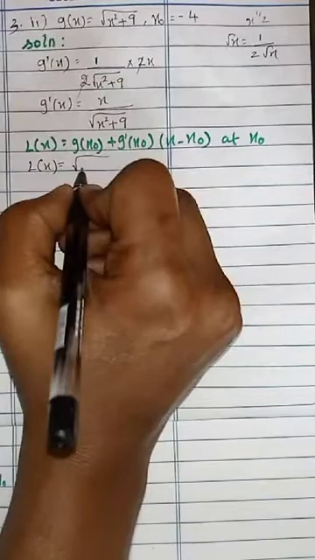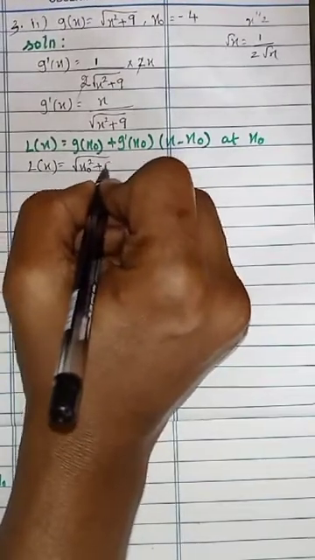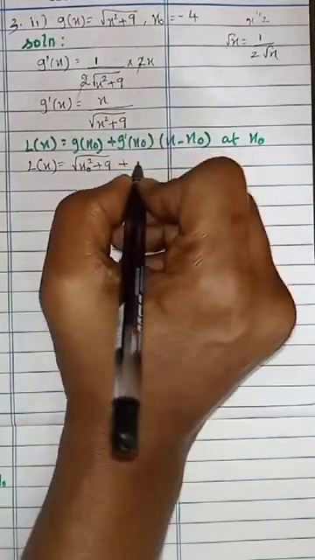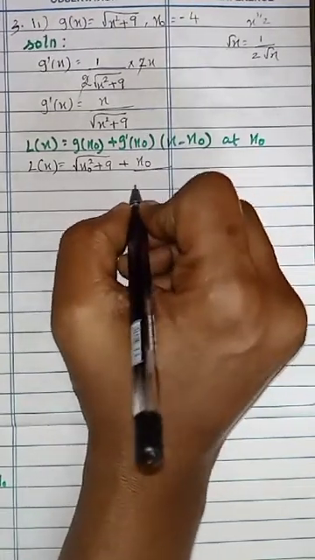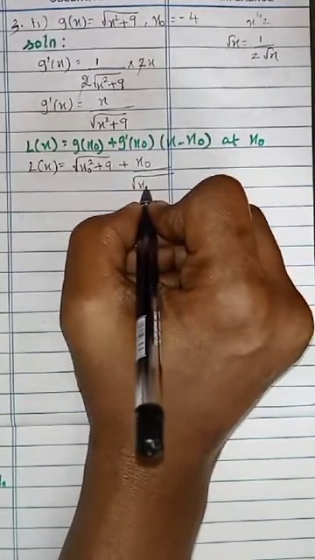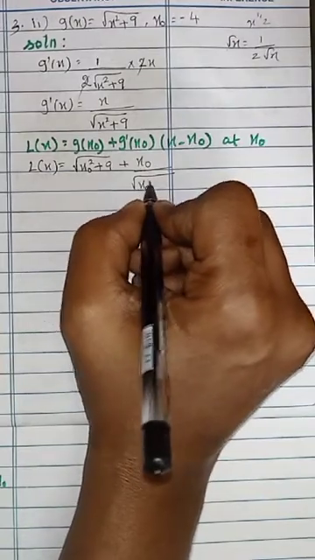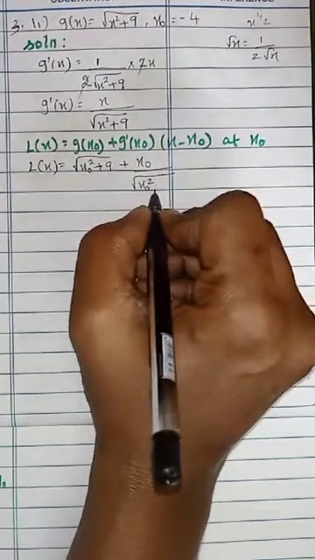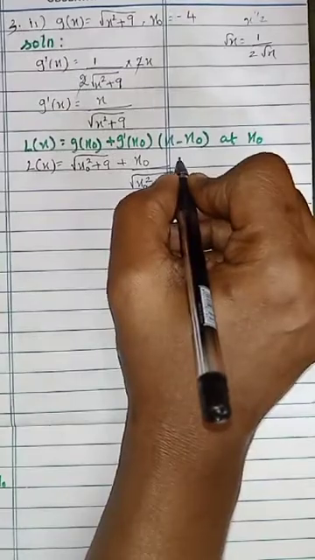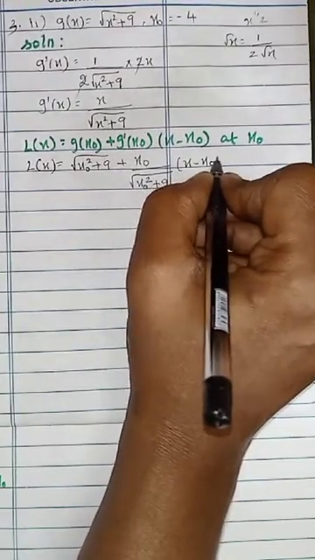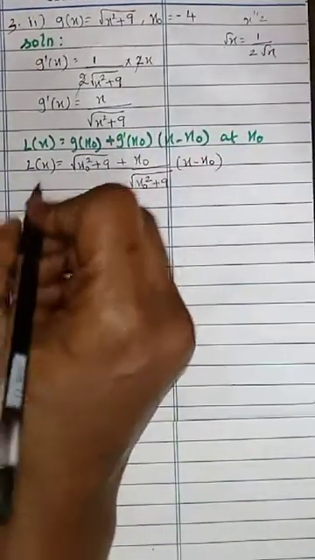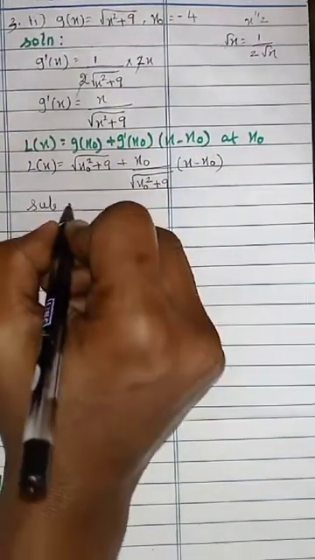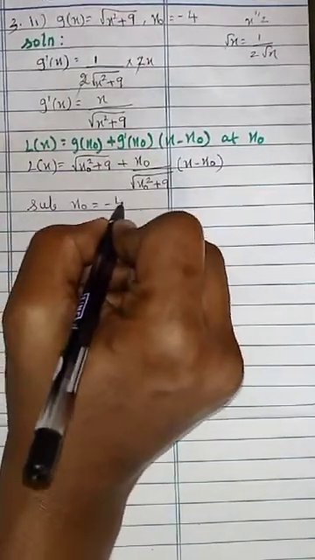Square root of x naught square plus 9, plus g dash of x naught, which is x naught by square root of x naught square plus 9, into x minus x naught. The x naught value is given as minus 4. Substitute x naught equal to minus 4.